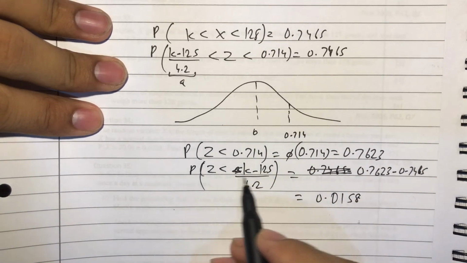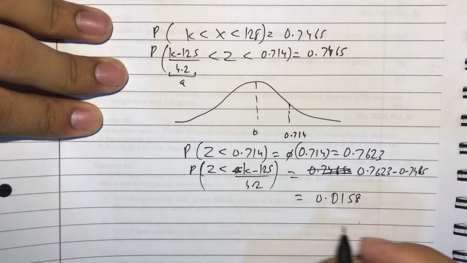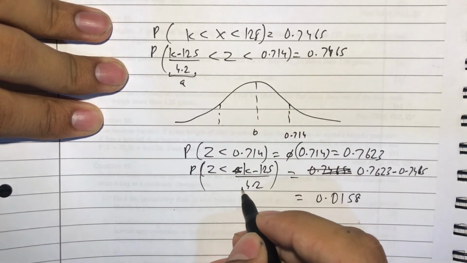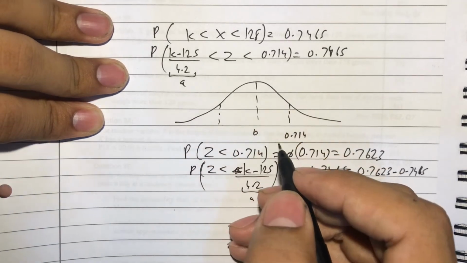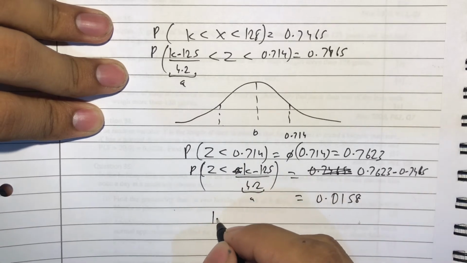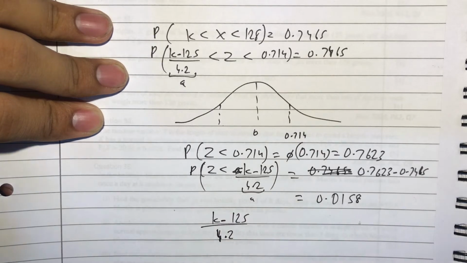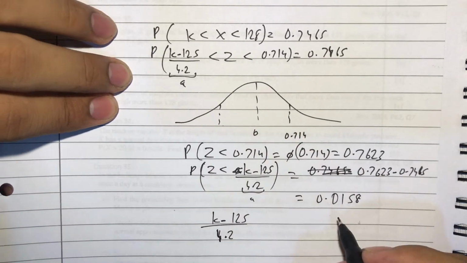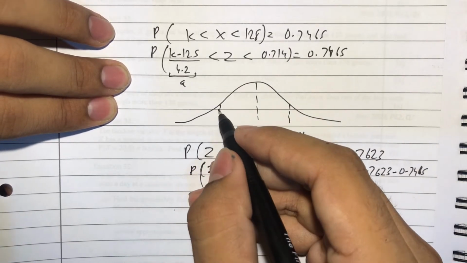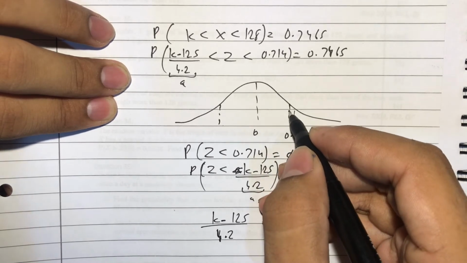So probability of z less than a certain value is 0.0158, right? So that means that this value, that is a, has to be towards the left of the mean, somewhere over here. So how do we find this? We know that 0.0158 is this region's probability. So if we had the same value over here, it would be the probability of this region, right?